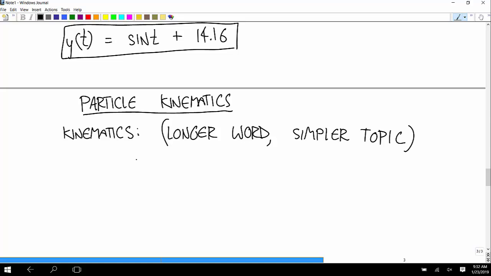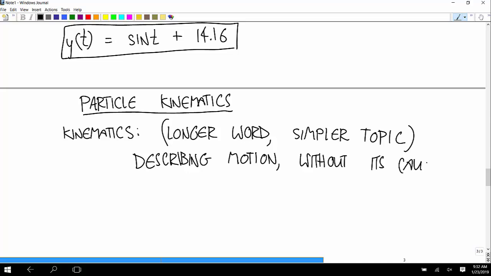So kinematics is just describing motion without its causes. So we're not talking about force, mass, or energy.